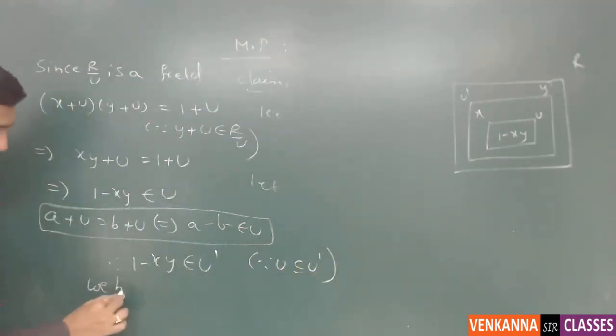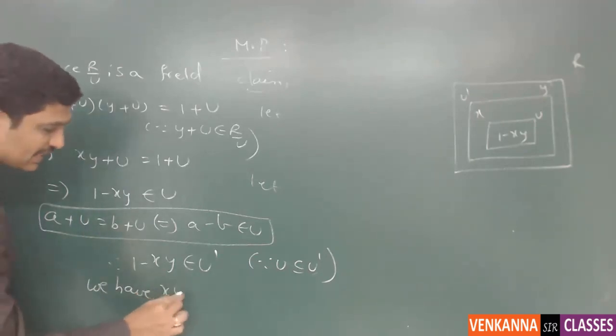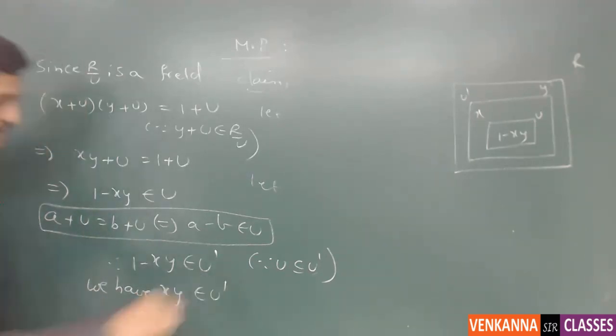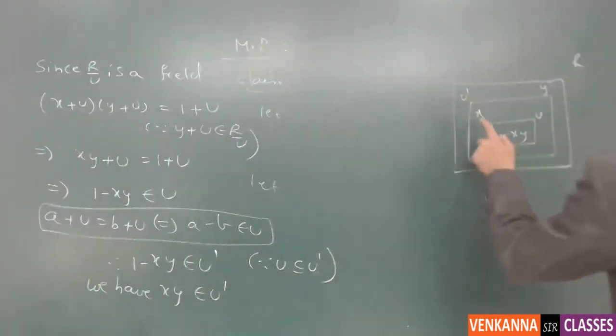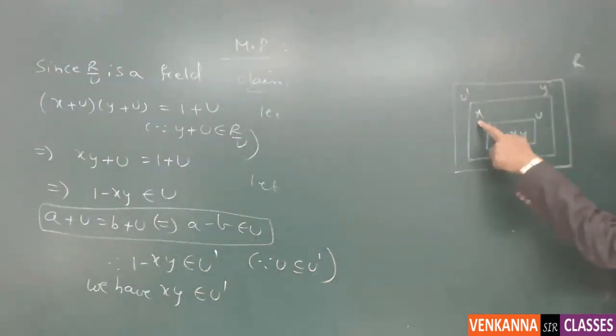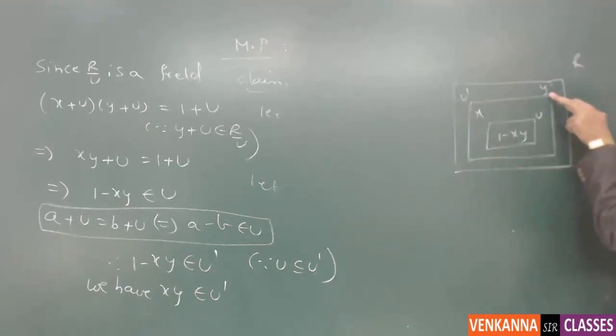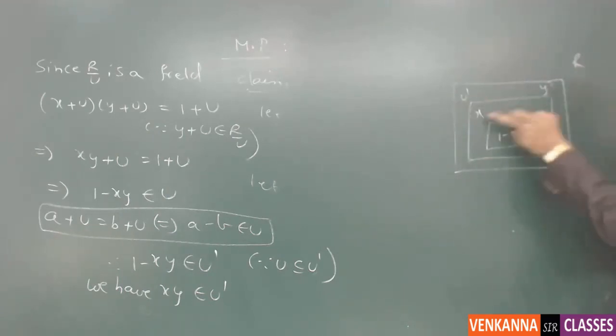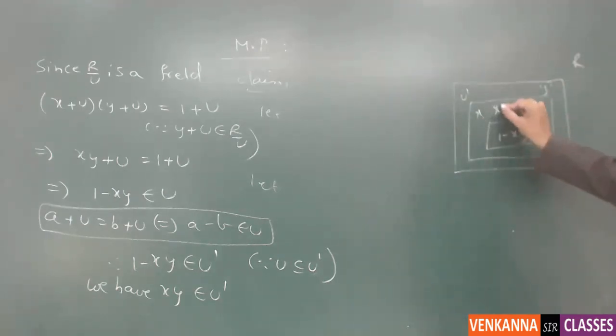We have xy belongs to U'. Why? Because x is an element in U', y is an element in the ring. As per the product considered, because U' is an ideal, xy, yx belong to U'.